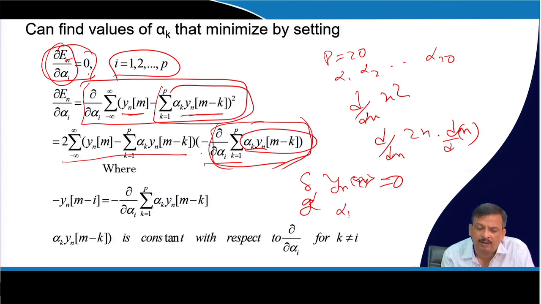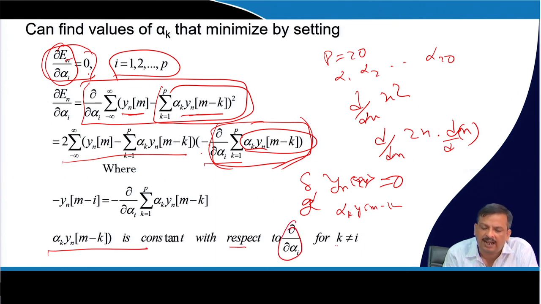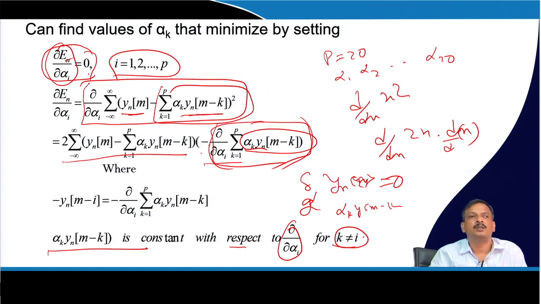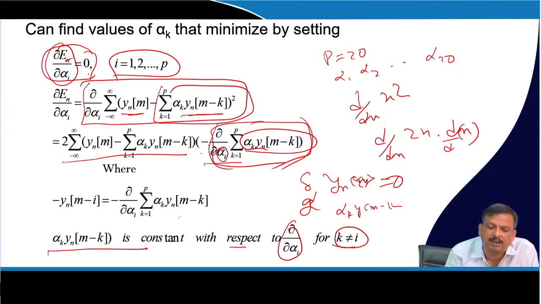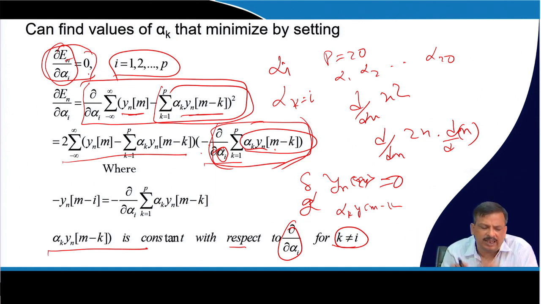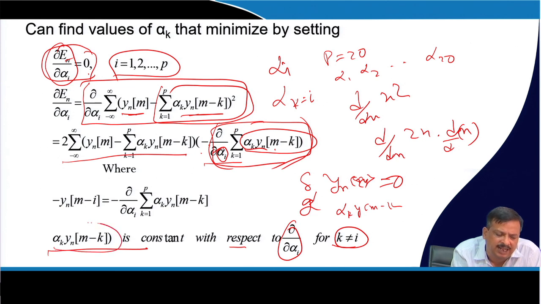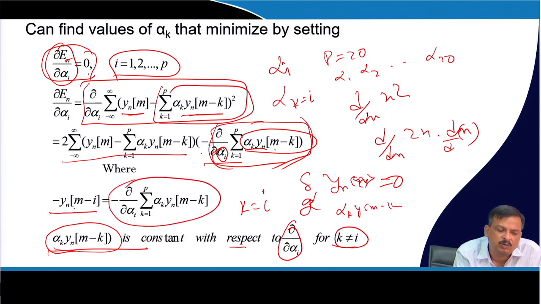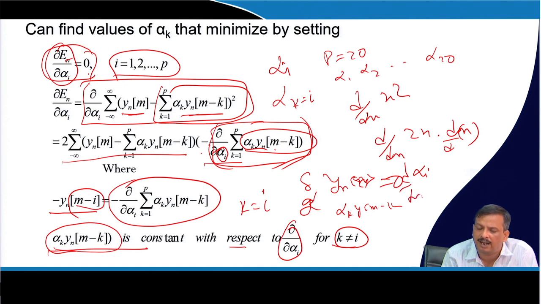Each term alpha_k y_n[m minus k] is a constant with respect to alpha_i except when k equals i, since I am taking the derivative with respect to alpha_i. Otherwise it is constant and not in its purview. So only the term with k equal to i exists, and the differentiation is minus y_n[m minus i], because the derivative of alpha_i with respect to alpha_i is 1 and y_n[m minus i] remains.